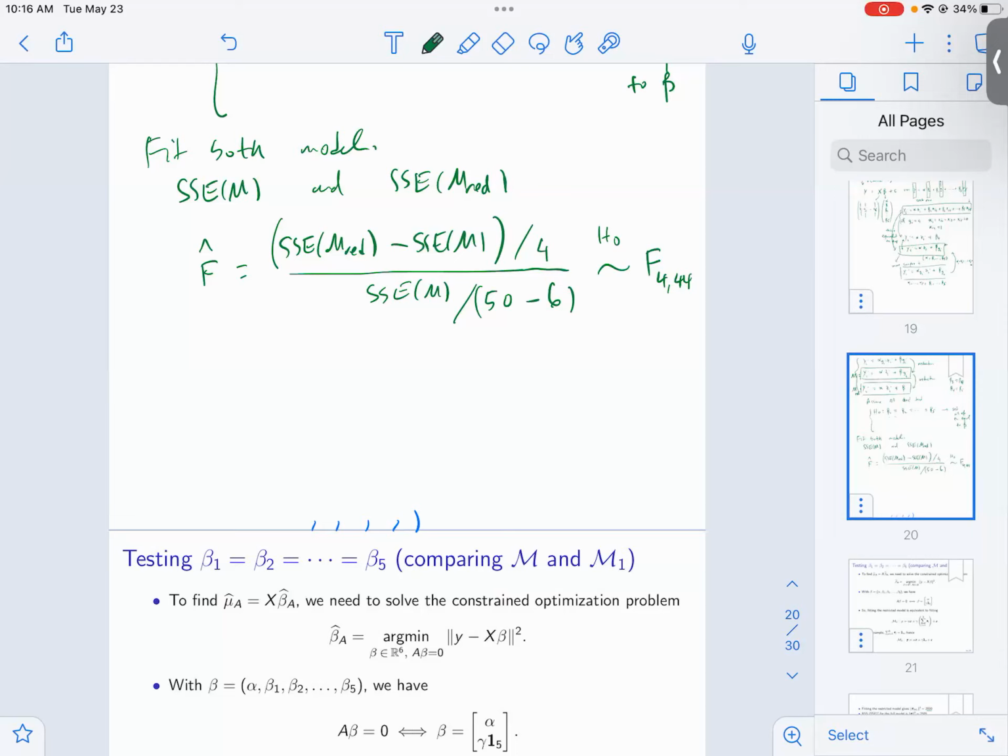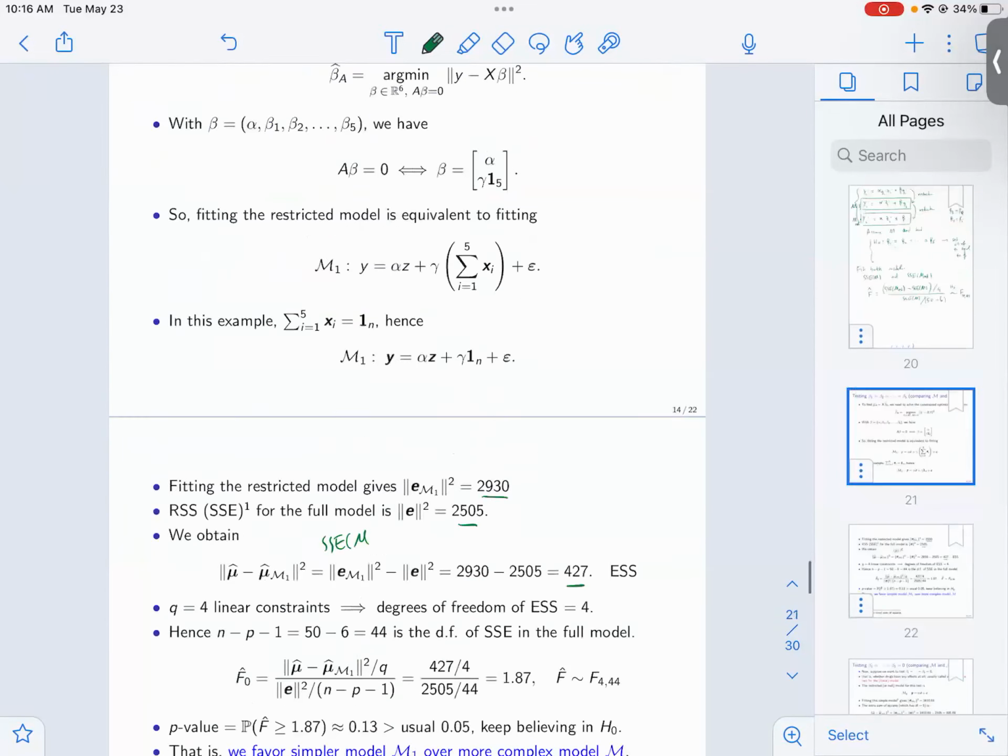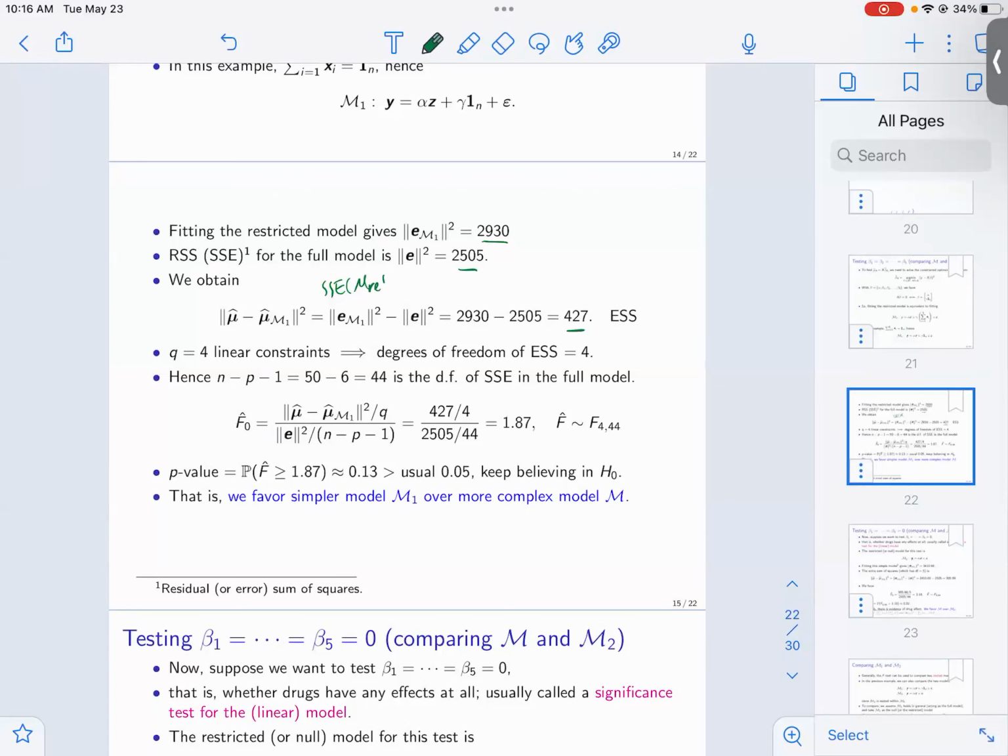The submodel will have a bigger SSE, if you remember. So SSE of M reduced first, and this is SSE of M. This is the numerator, and the denominator is just SSE of M divided by 44. So you should have 4 and 44 degrees of freedom.